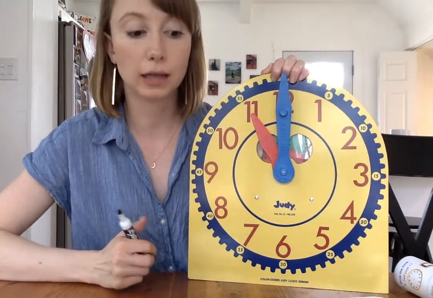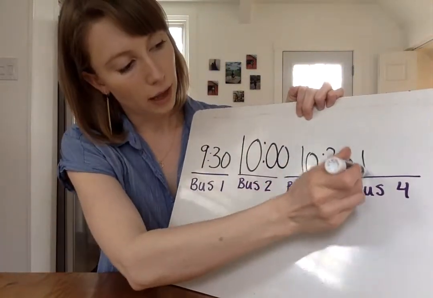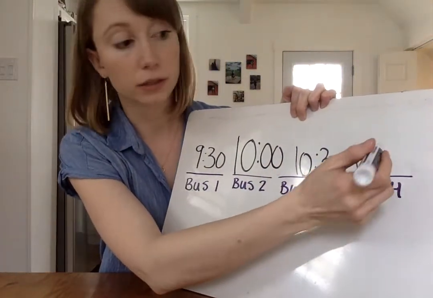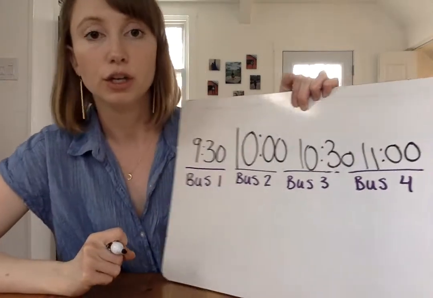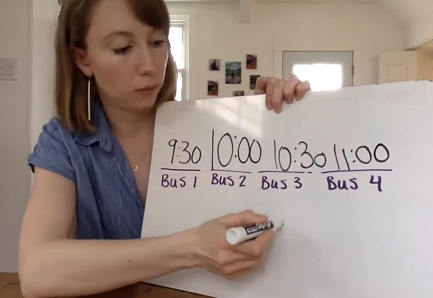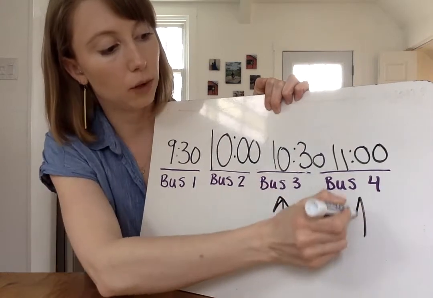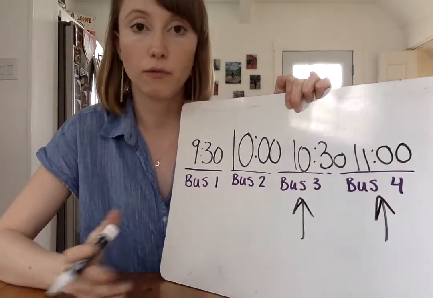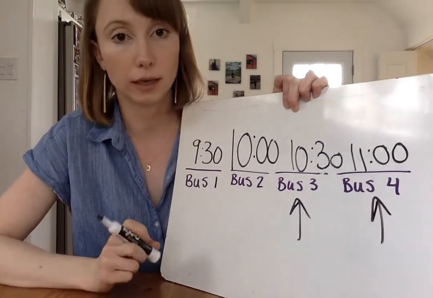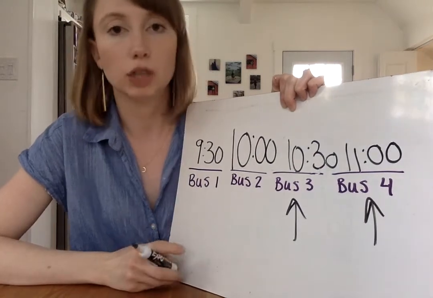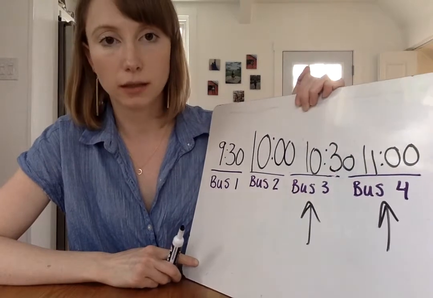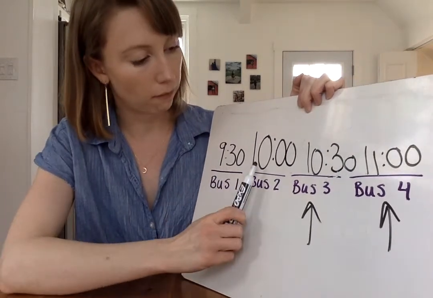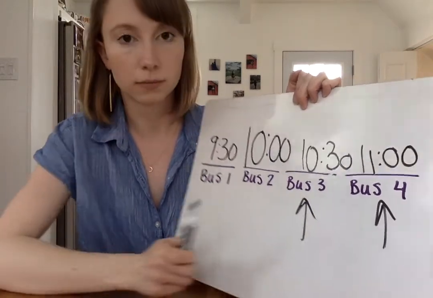That's right, we're at 11 o'clock. 11 o'clock. So we do 0, 0, 0 minutes past 11. So we found out when bus 3 leaves and when bus 4 leaves. We found out what our word problem was asking. Now step 4 is to check. Does this seem reasonable? Does it make sense? Did we move a half hour each time?